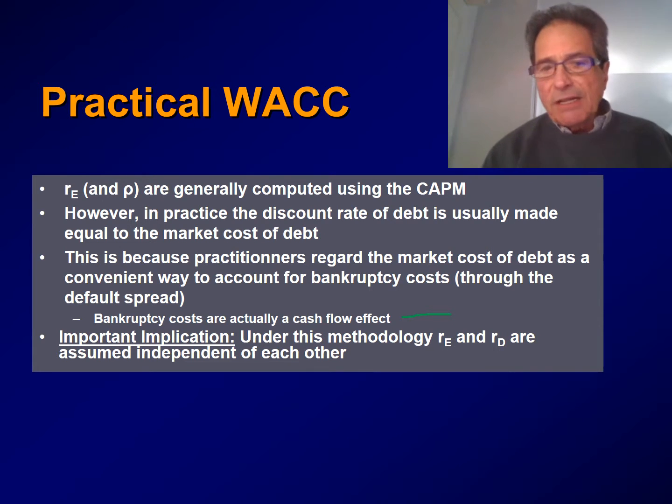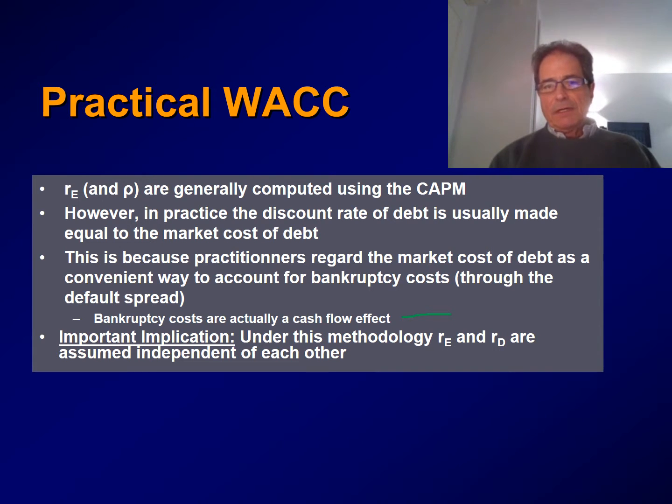Well, there is an important implication from this practice. The implication is that if we do it the way practitioners do it, RE and RD are not dependent on each other, as we saw in the formula that we explained before. RD and RE are independent from each other.